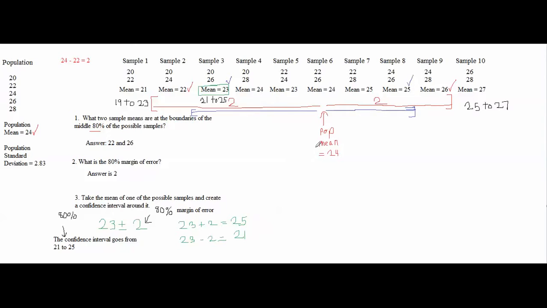How far is this lower boundary right here of the middle 6 of the samples from the population mean of 24? Well, we could do the same thing again. We could take the population mean, 24, and subtract the lower boundary, 23, and 24 minus 23 is 1.